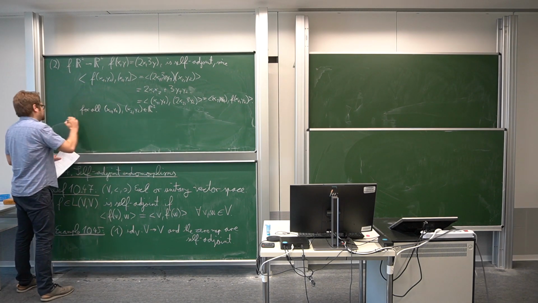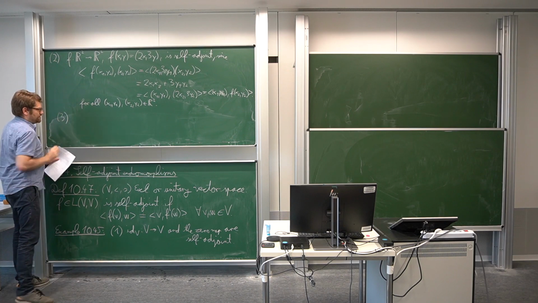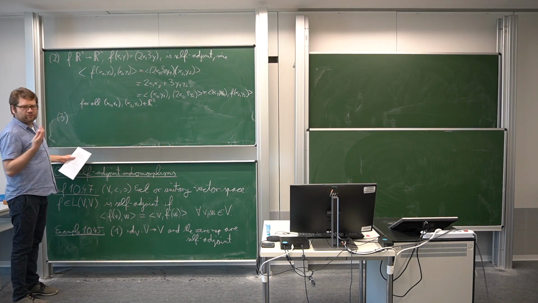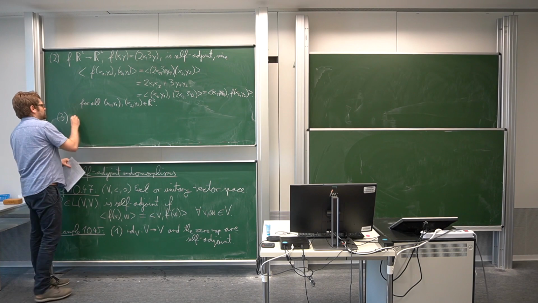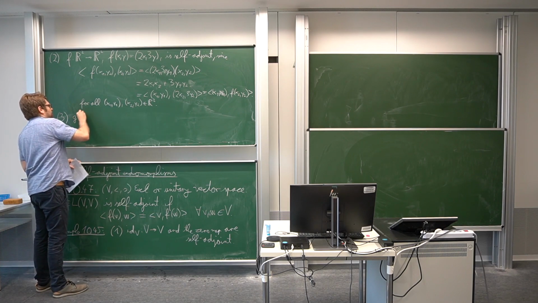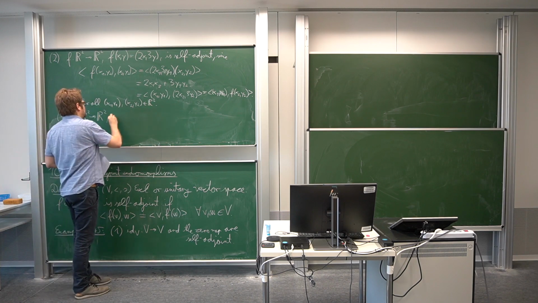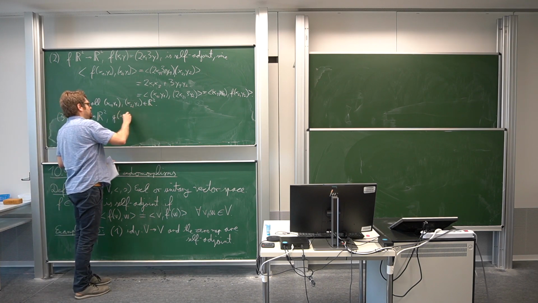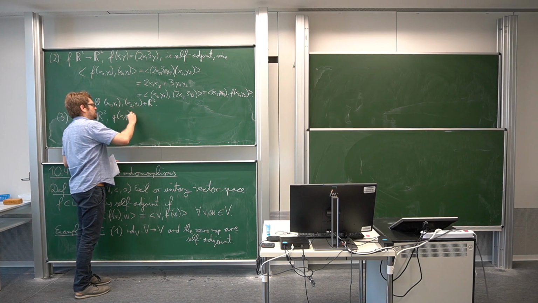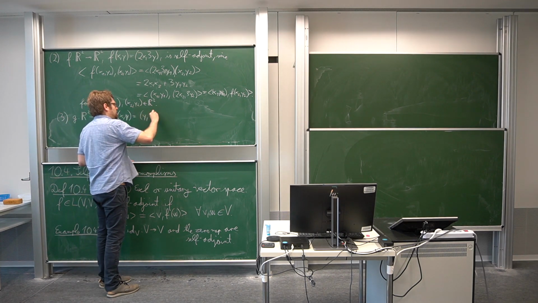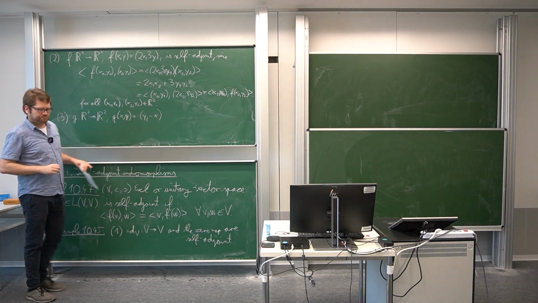Now, the question would of course be then, are all maps self-adjoint? And if I'm asking this way, of course not. And I will give you a very basic example of a map which is not self-adjoint. Let's go from R2 to R2, and let's say g of (x, y) is (y, minus x).